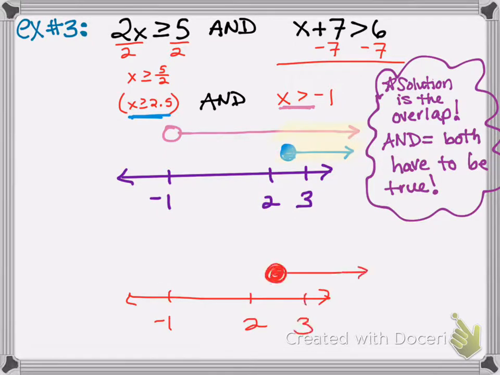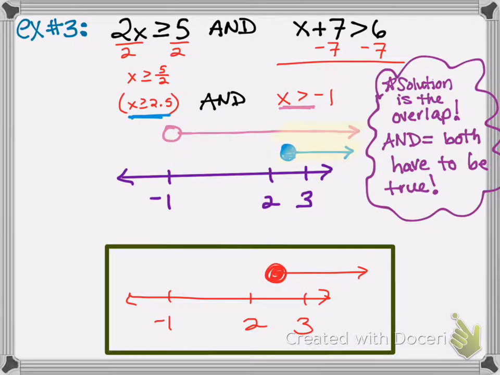See where I highlighted was where the two lines overlap, therefore that was my final solution. Anything greater than or equal to 2.5, because it has to be a solution for both. So a nice way to look at that is where do my two lines overlap for that and statement, and that's how I got my final answer. Nothing to the left of it is a solution because it has to be both.